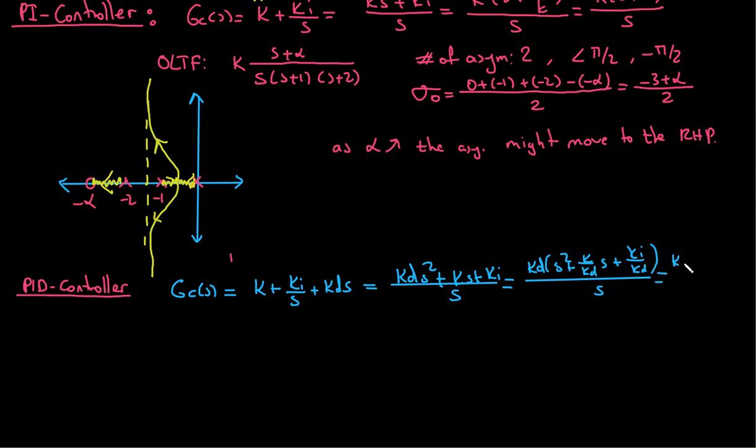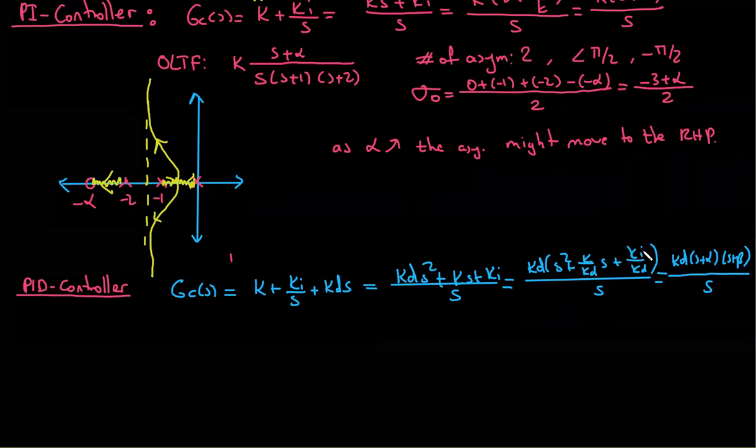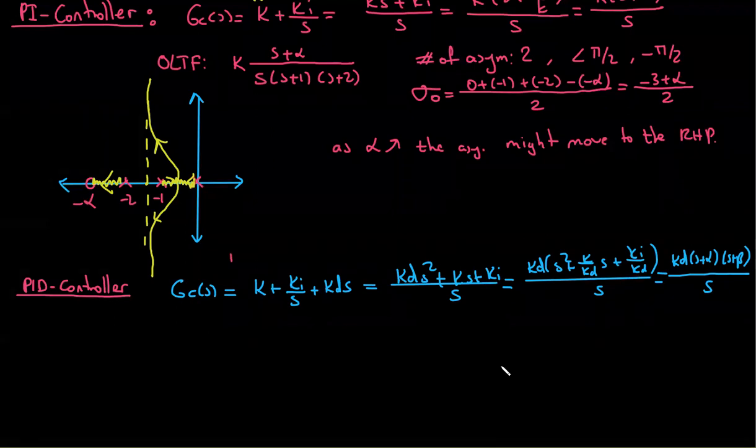So I can write this as kd times (s plus alpha) times (s plus beta), divided by s. And I can change the zero locations by arranging kp over kd and ki over kd, while changing kd from 0 to infinity.